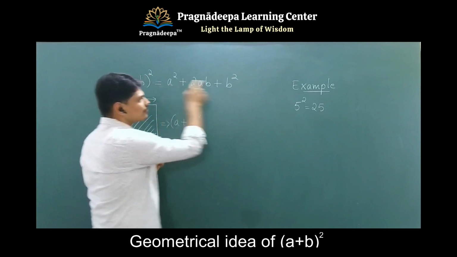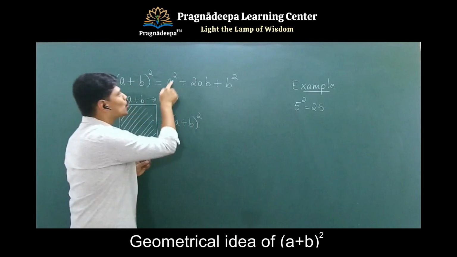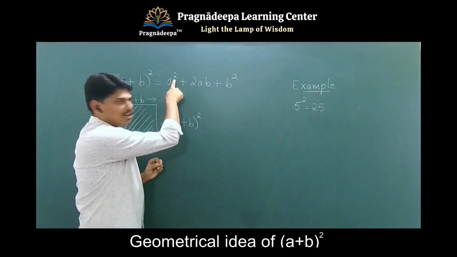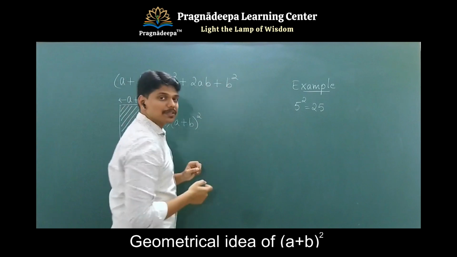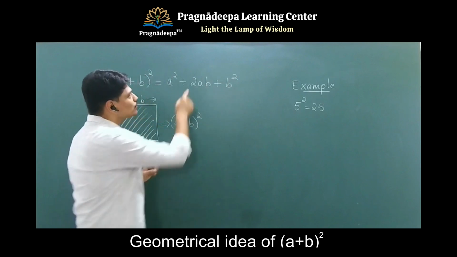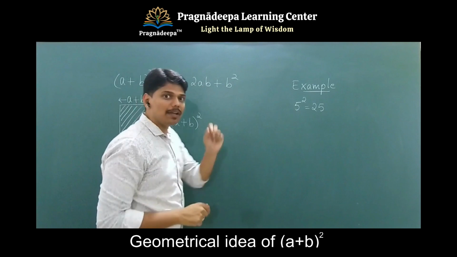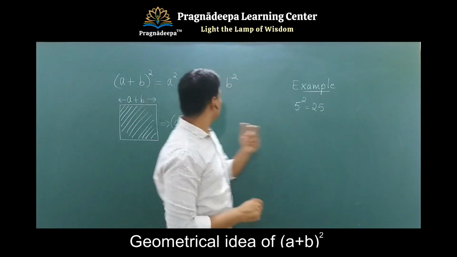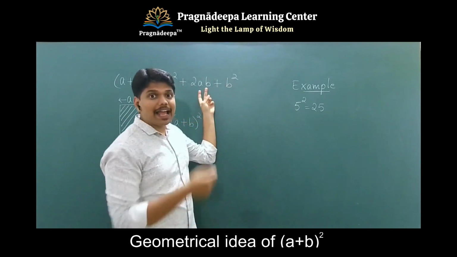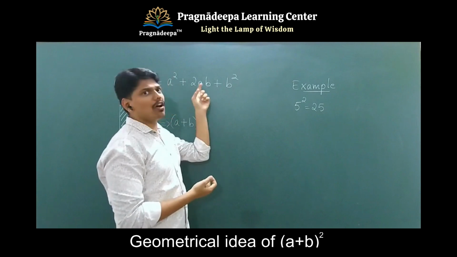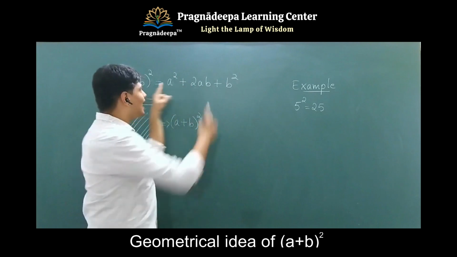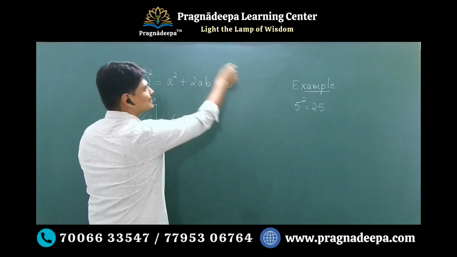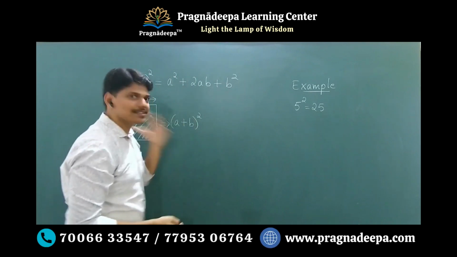Here, a² represents the area of a square, and b² can also be represented as the area of a square. So plus 2ab can be geometrically represented as the area of a rectangle with length and breadth a and b respectively. So I need two rectangles and two squares to represent this identity. So how to construct that?